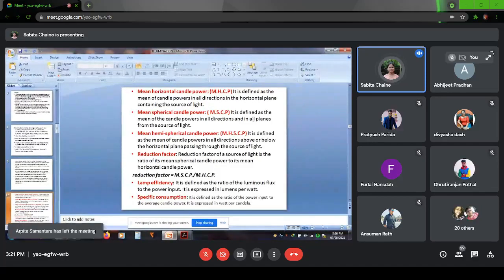So if the plane is horizontal, we can say that is mean horizontal candela power. If the plane where the illumination occurs, where the light falls, is horizontal, we can say that is MHCP, mean horizontal candela power.